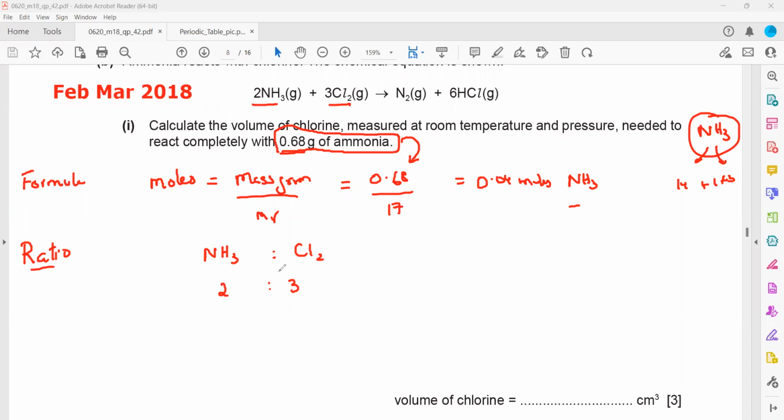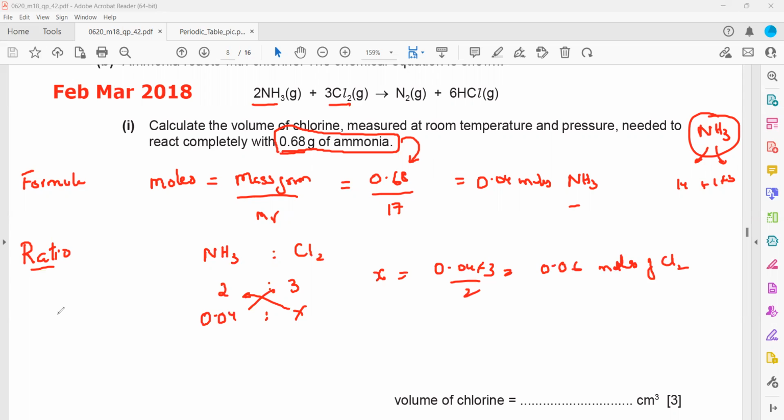But we don't have 2 actually; we have 0.04, which is equivalent to 0.68 grams. So we cross multiply: 2 gives 3, so 0.04 gives X. So 0.04 times 3 divided by 2 is equal to 0.06. So we got 0.06 moles of chlorine.